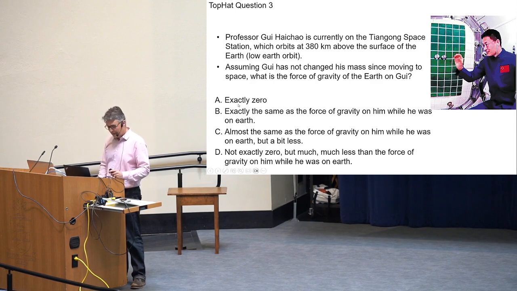Is it A, exactly 0, B, exactly the same as the force of gravity was when he still lived on Earth, C, almost the same as the force of gravity on him while he was on Earth, but a bit less, D, not exactly 0, but much, much less than the force of gravity on him while he was on Earth? And they're playing water ping pong, I think, here, actually. They're making cool videos while they're up there.